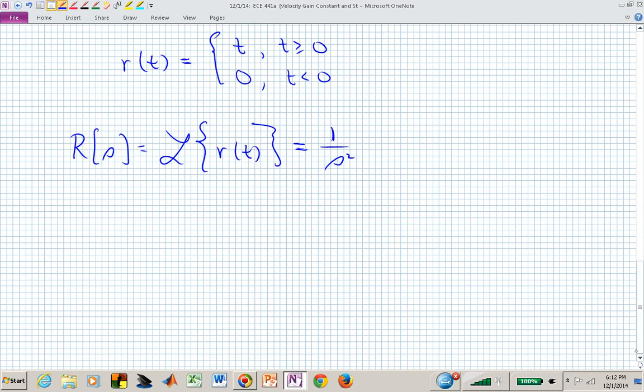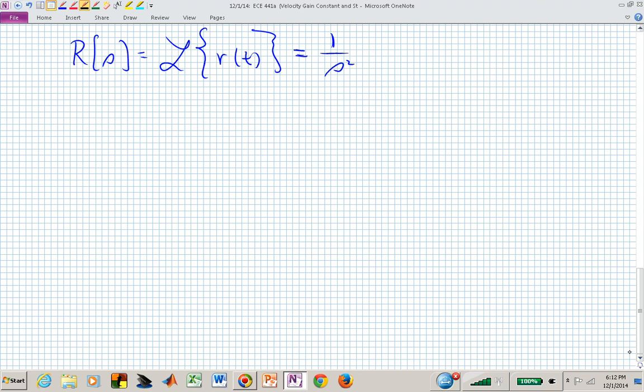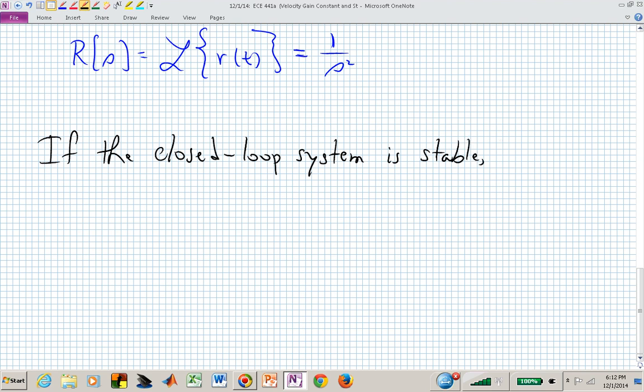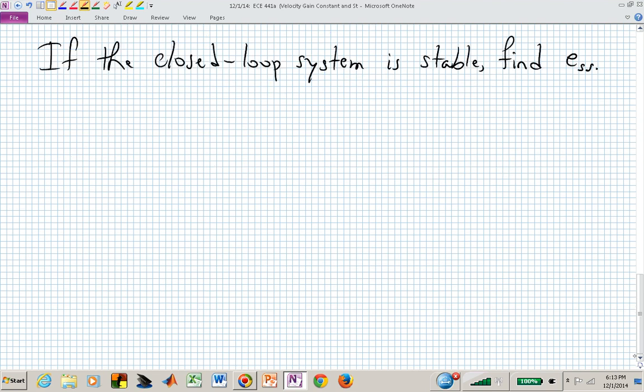If it's not, then we won't have a well-behaved error signal, and this will all not be valid. So let's now just state that if the closed loop system is stable, let's find an expression for this steady state error.